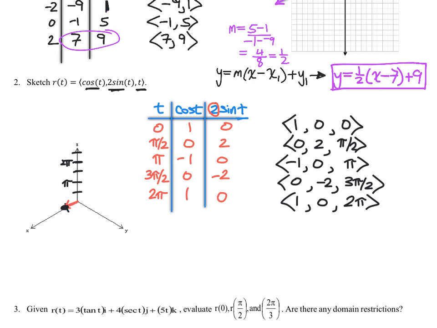The second one is 0 in the x direction, 2 in the y direction. So let me get 2 in the y direction. And then pi over 2 in the z direction. We're going to have to ballpark it, but we know 2 in the y direction, and then the equivalent distance of pi over 2 in the z direction shifted upward from the y-axis.